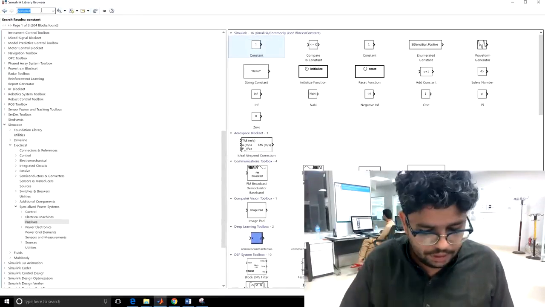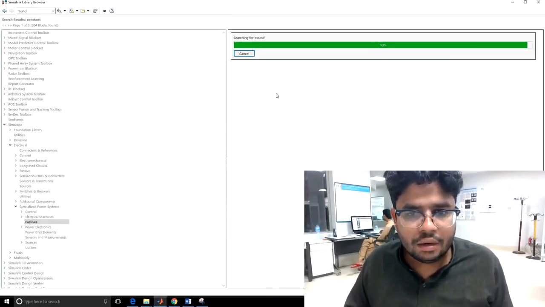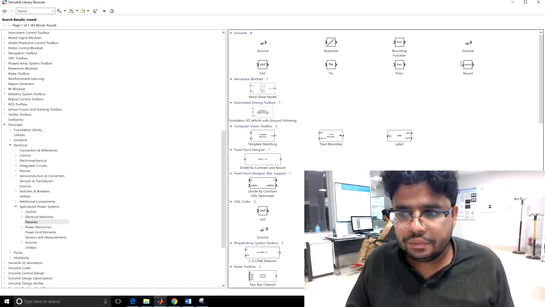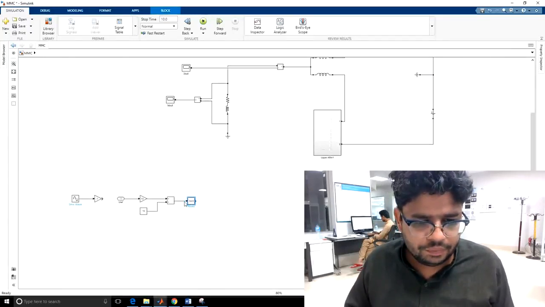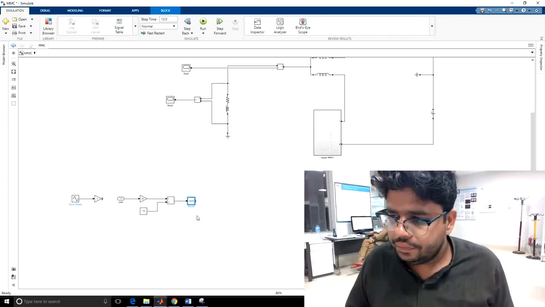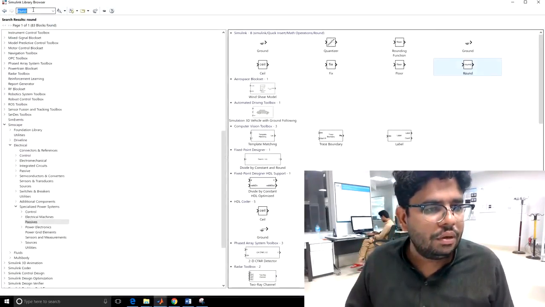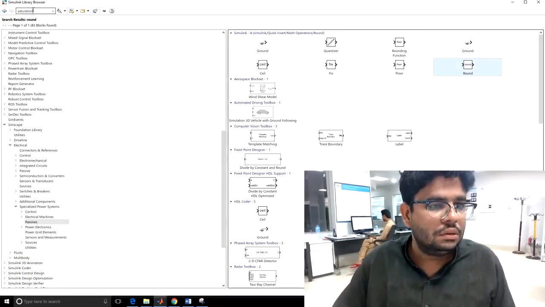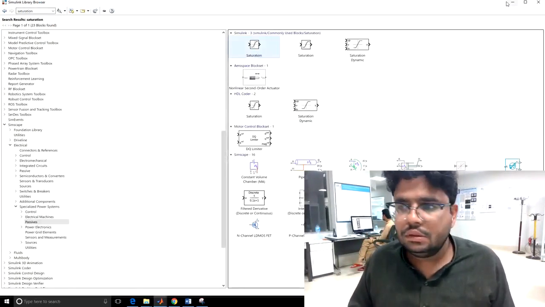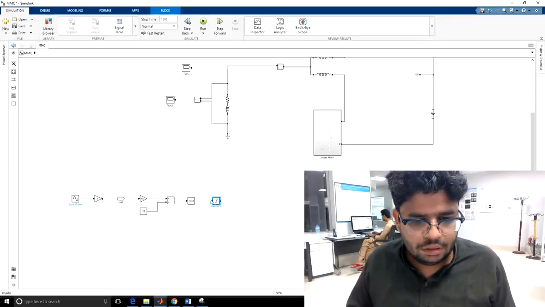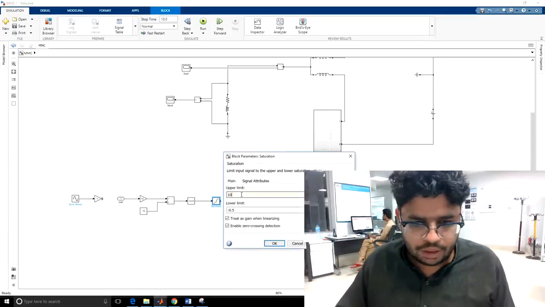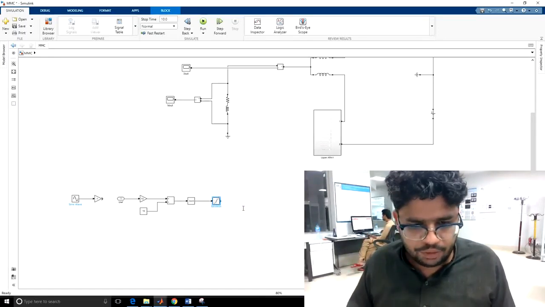Alright, I need a round function. This is a round function. Alright, I need a saturation block. Alright, saturation block upper limit will be the number of submodules, lower limit will be 0.